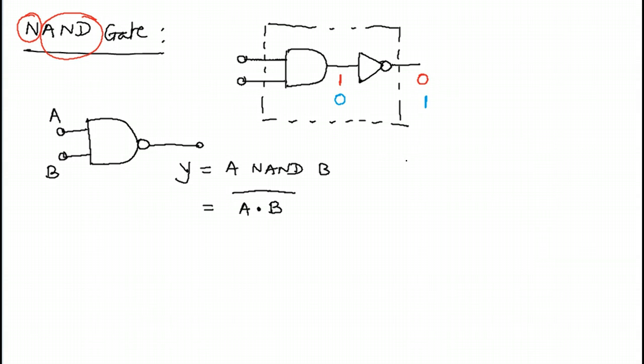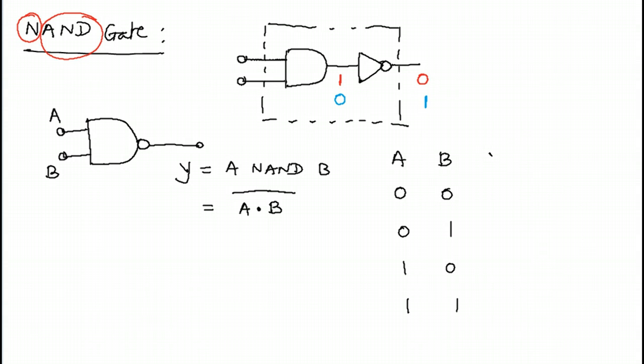Now the truth table of this 2-input NAND gate is of course going to contain 4 rows because there are 4 permutations of A and B, and those permutations are of course 0 0, 0 1, 1 0 and 1 1.